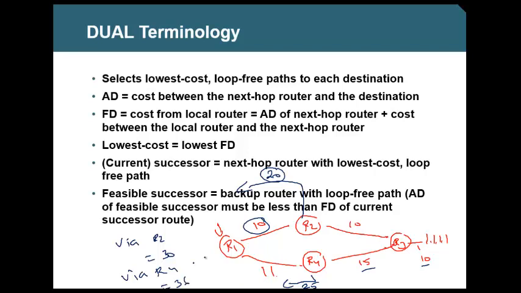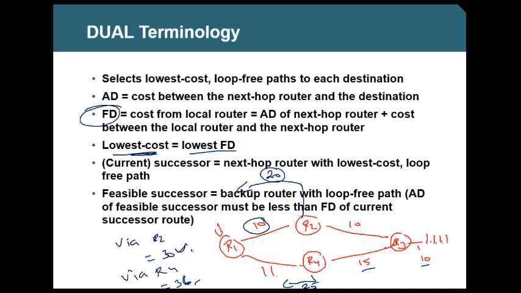Now, what is feasible distance? Should I take 30 or 36? The lowest. They have not mentioned here. Okay, here they have mentioned low cost is the lowest feasible distance. So, 30 is the feasible distance.